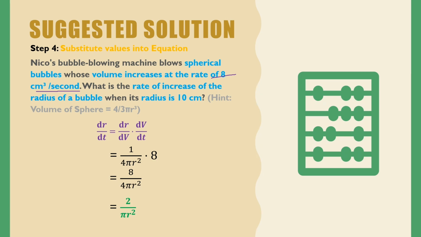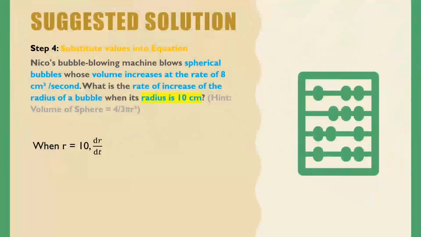If you think that we are finished, no, you are wrong. Why? It's because the question asked what is the rate of increase of the radius of a bubble when its radius is 10 centimeter. So of course we have to substitute r equals 10 into dr over dt.